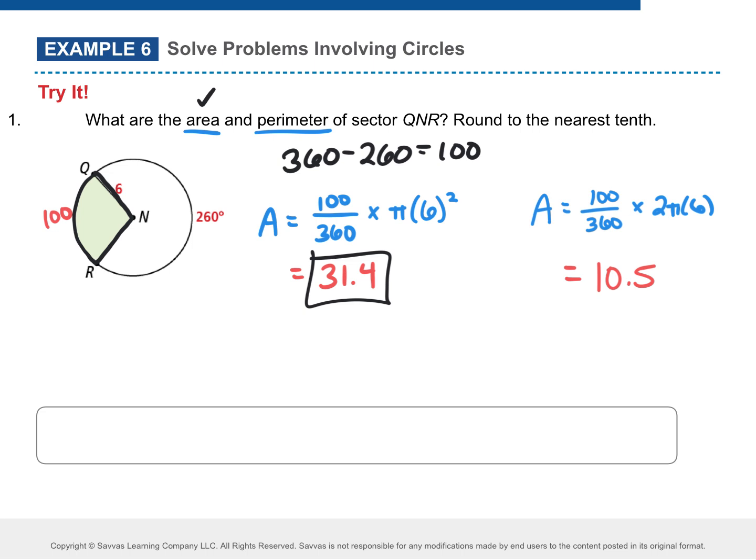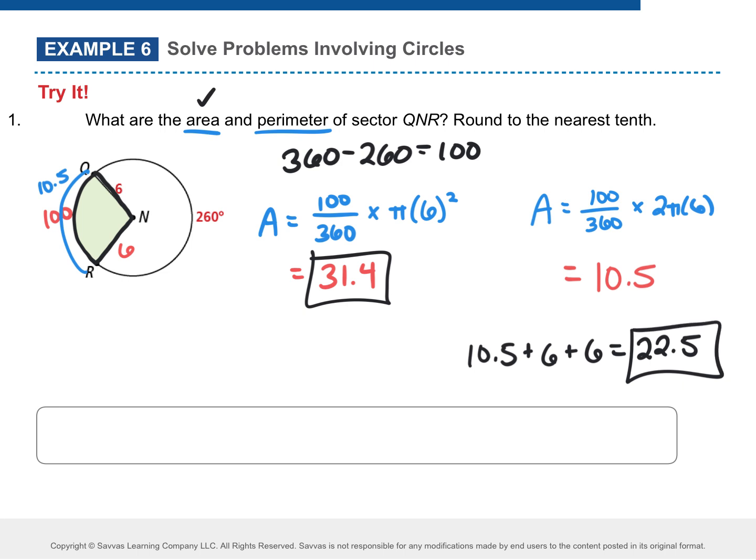Is that the whole perimeter? No, that's just this section right here. Right, what's this side length? 6. Because it's the same. Radius is the same. So to get the whole shebang, we take 10.5 plus 6 plus 6, which is 22.5. That there is your perimeter.